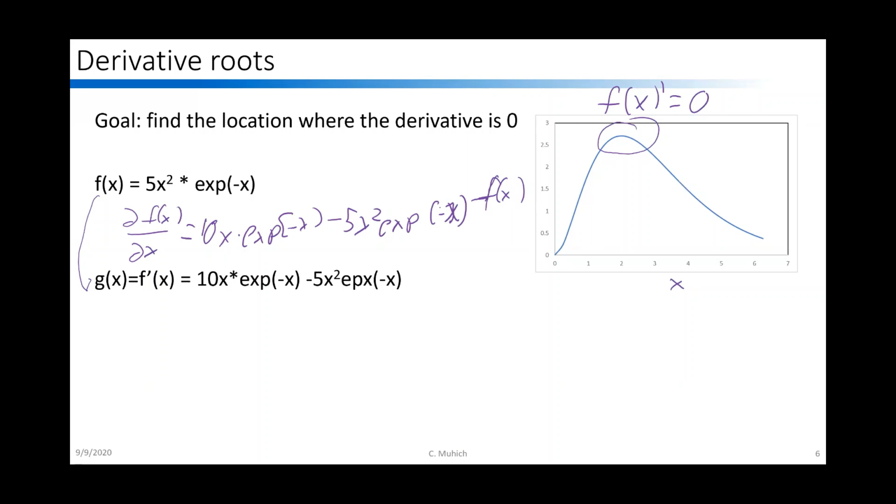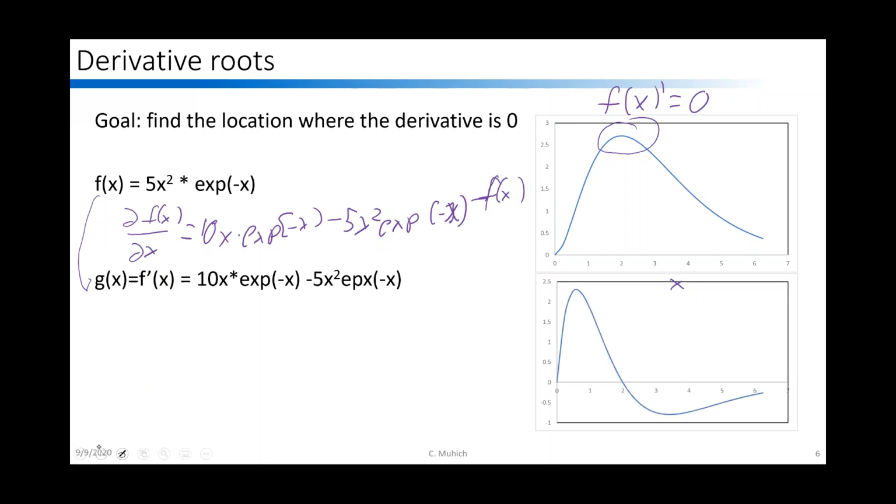Okay, so if I plot out that function, we'll see, as expected, that the maximum of f of x occurs where g of x is equal to 0, right? Therefore, all we need to do is set g of x equal to 0, and then use the root finding methods that we've previously talked about.